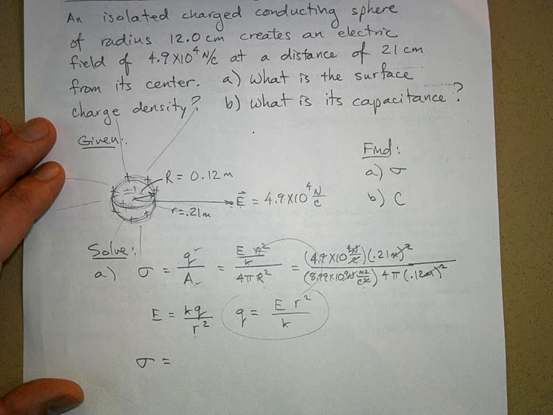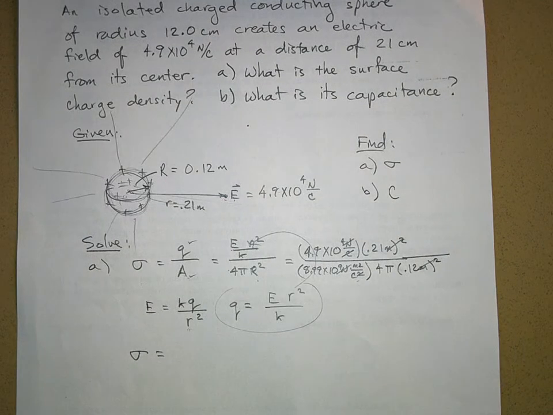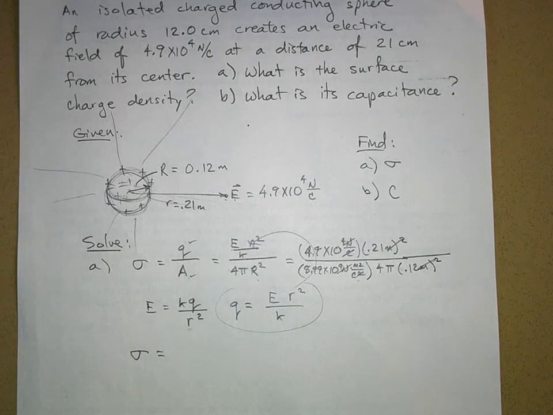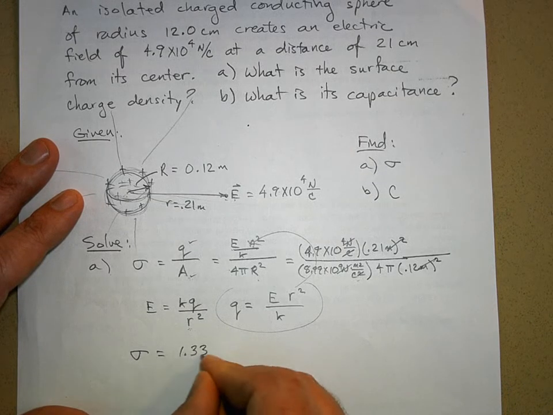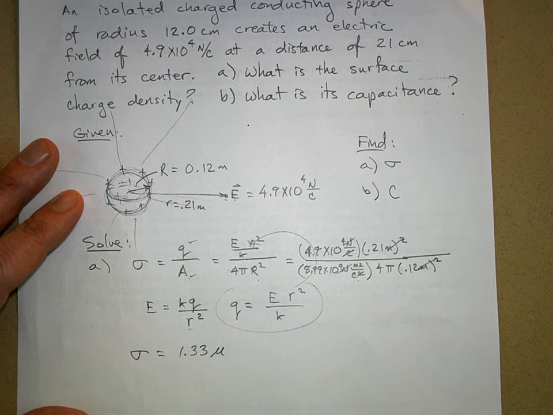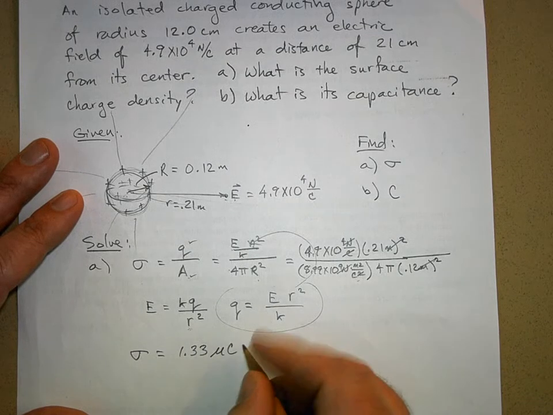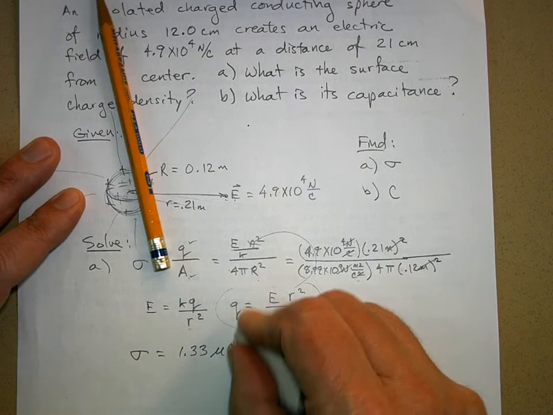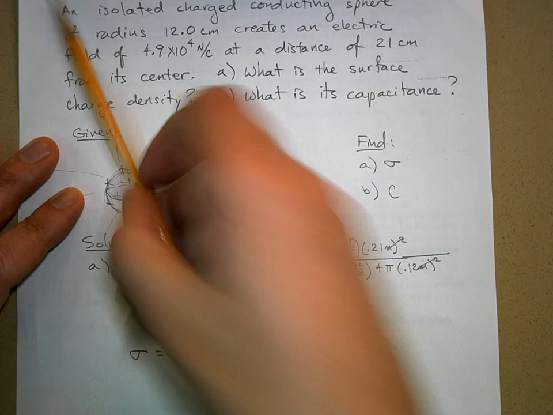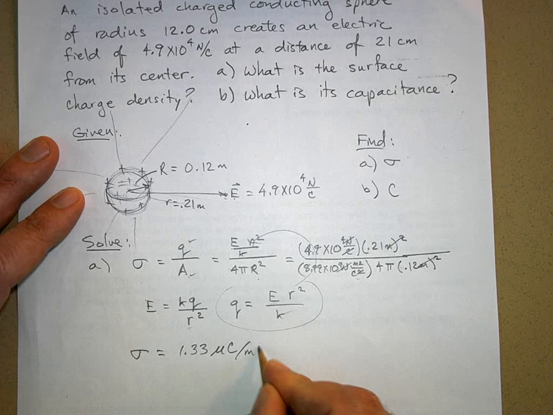So that's a good sign. When you plug all your values in with units, you check the units. If you get the right units, you've probably done it right. In this case, I did do it right. So this should be 1.33 times 10 to the negative 6 coulombs, microcoulombs per meter squared.